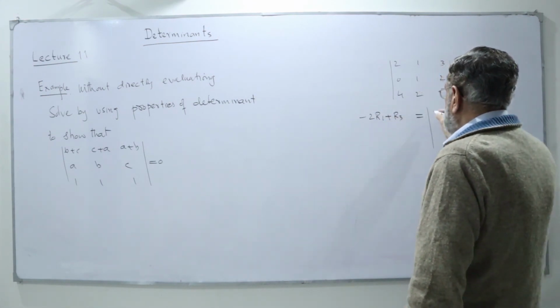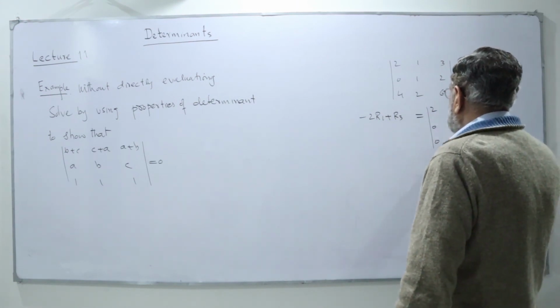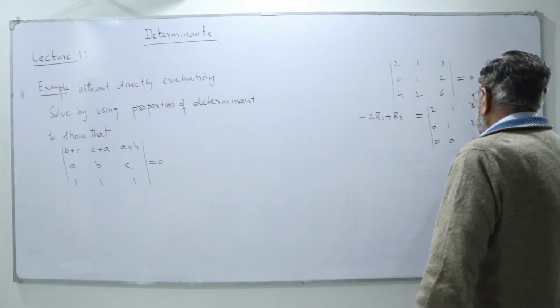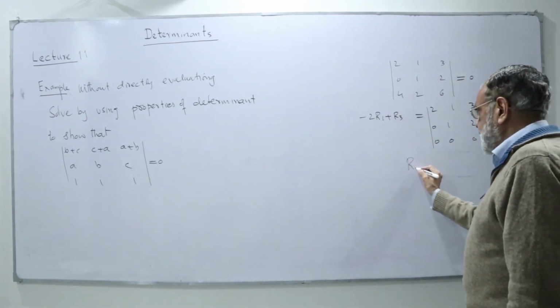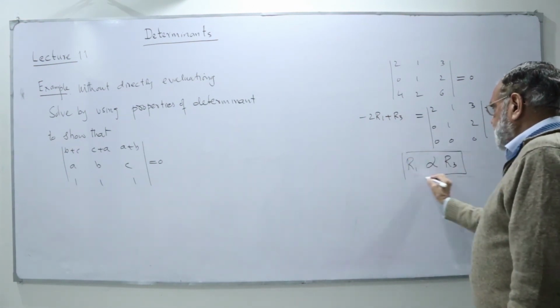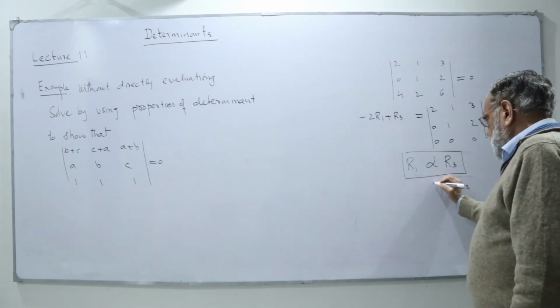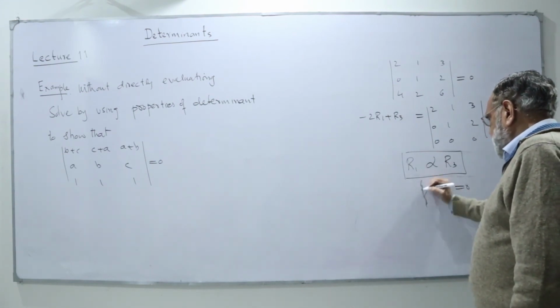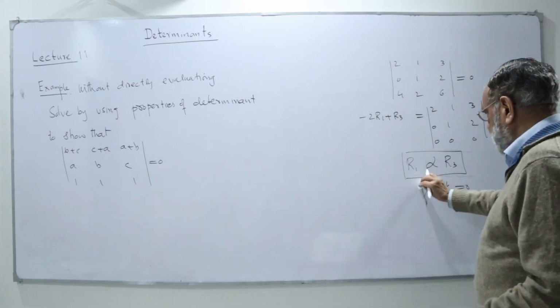I'll get here 2, 1, 3; 0, 1, 2; and 0, 0, 0. When any row is 0, the determinant is 0. I will say row 1 is proportional to row 3. If we prove that row 1 is proportional to row 3, then the determinant will be equal to 0. So whatever the function, we have the determinant becoming 0 when two rows are proportional.